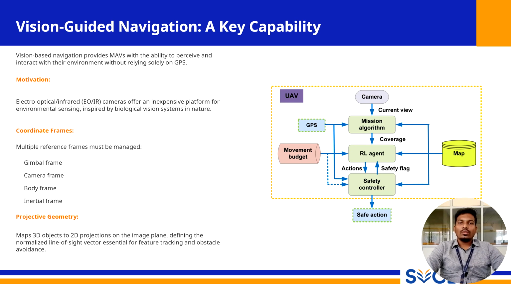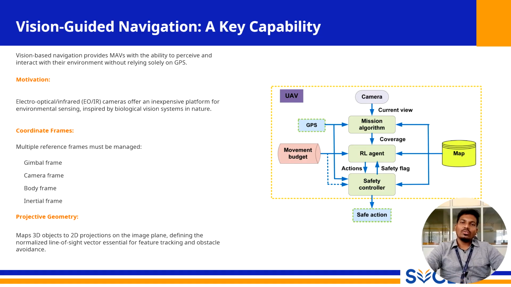The mathematics that governs this process falls under the heading of projective geometry. This is the set of rules that maps a 3D object to a 2D projection on the image plane.